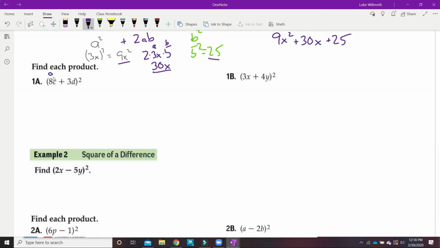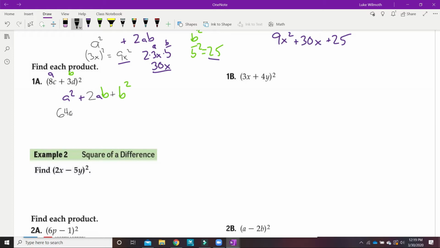This is A. This is B. So A squared plus, I'll try to color code it a little bit better, 2AB plus B squared. Okay, so A squared is going to be 8 times 8 is 64.